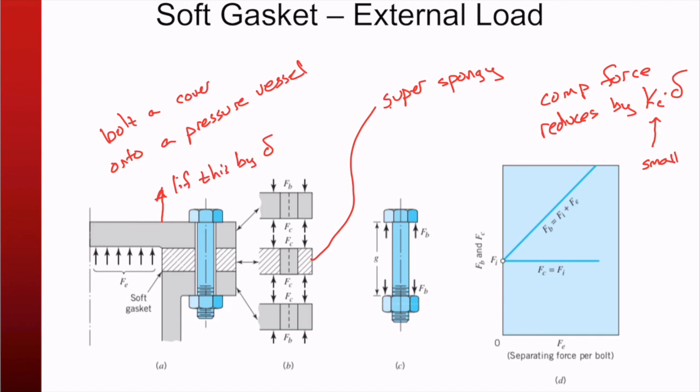So my clamping force barely changes. But this force increases by delta times the stiffness of the bolt, and that's really big, right?